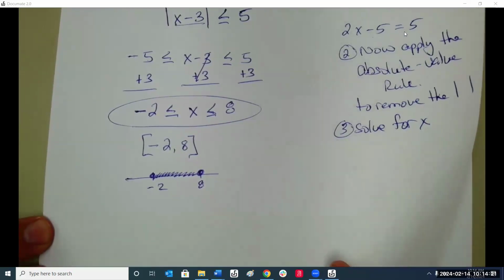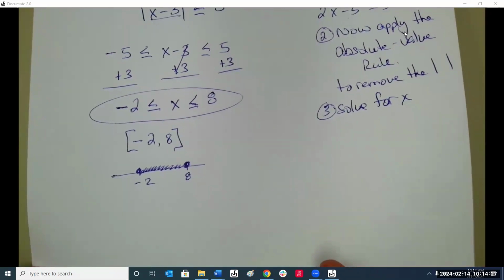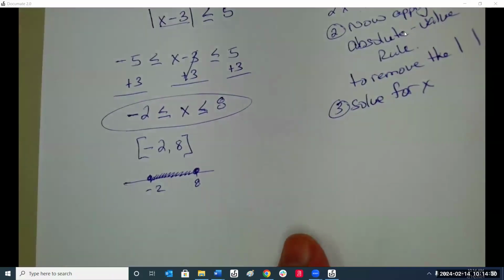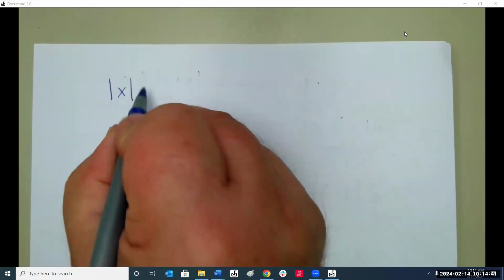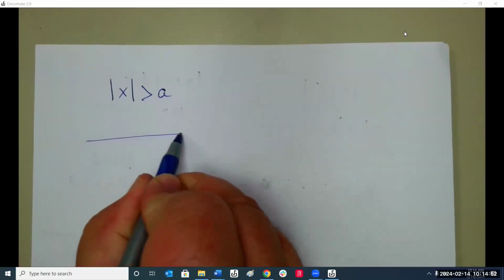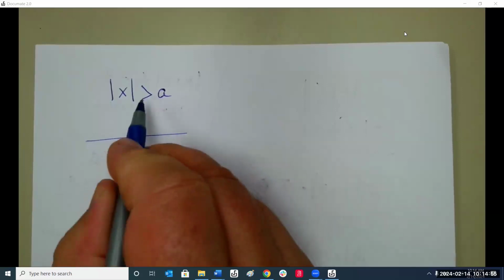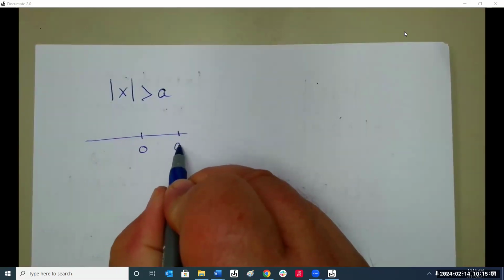Let's look at greater than. Absolute value of x is greater than a. So if we drew this on a graph, remember, absolute values represent a distance, how far that number is from zero.